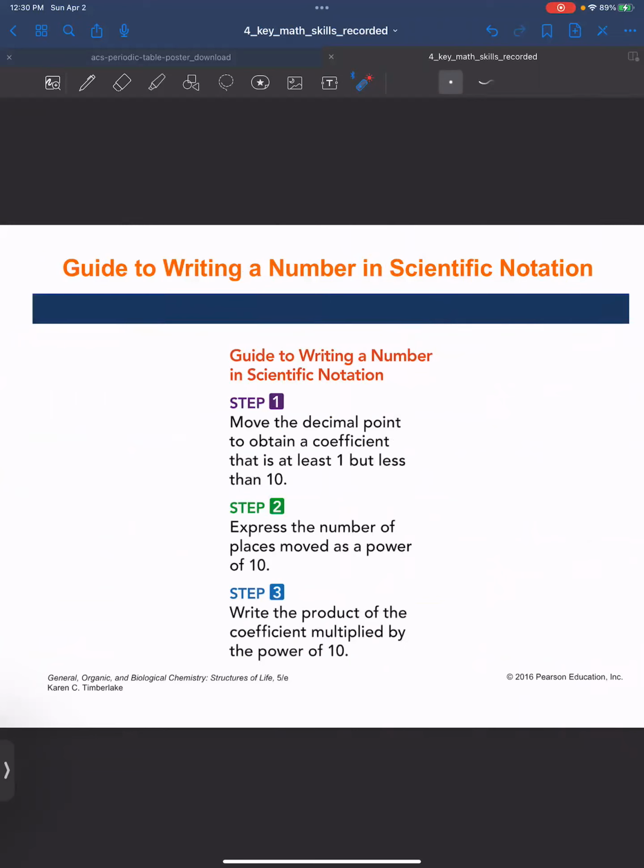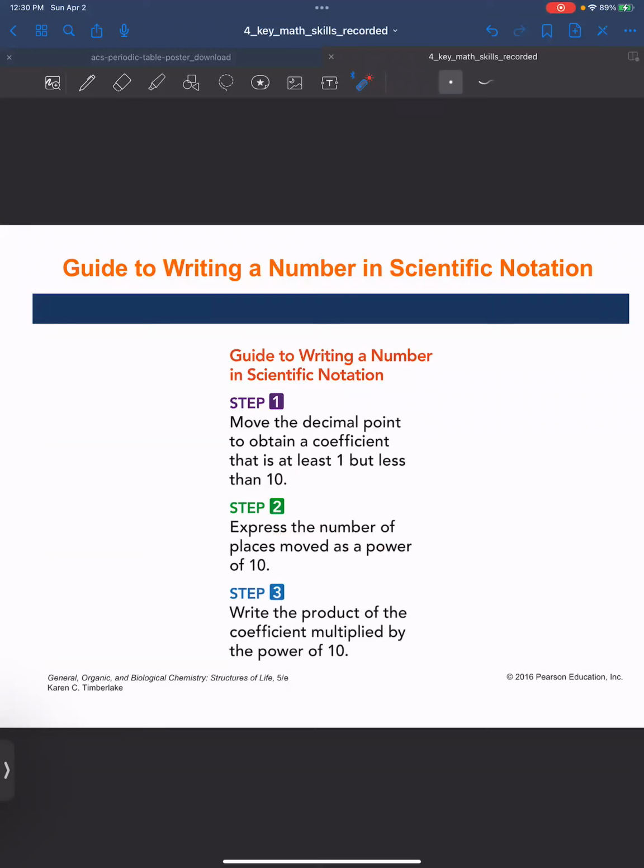So let's go through the guidelines for writing a number in scientific notation. Step 1, move the decimal point to obtain a coefficient that is at least 1 but less than 10. So that was me telling you non-zero number, put a decimal point right after that. That will keep your coefficient between 1 and 10. Step 2, express the number of places moved as a power of 10.